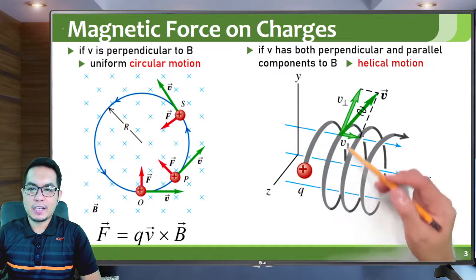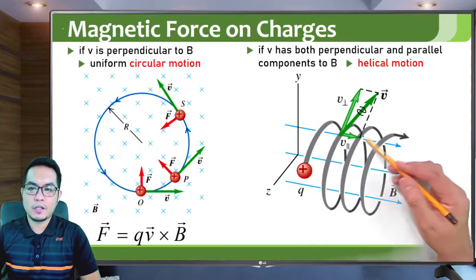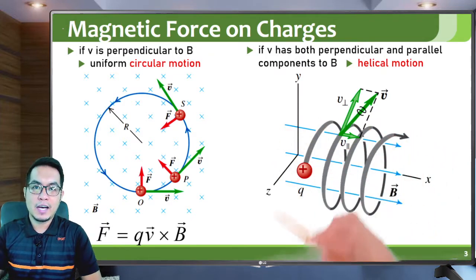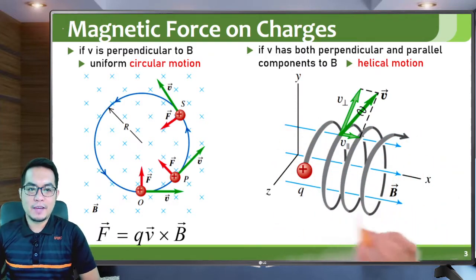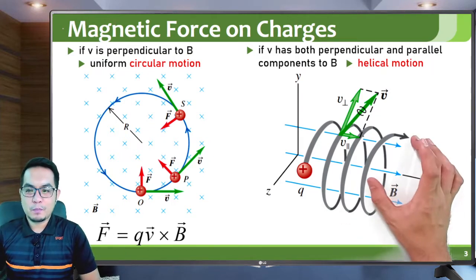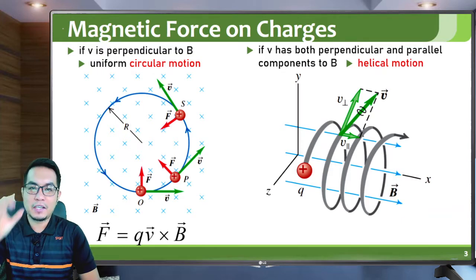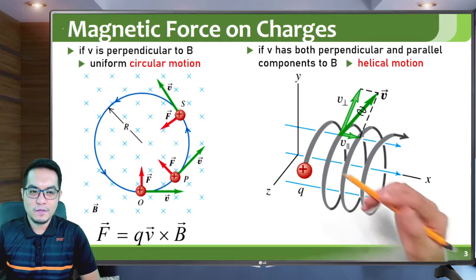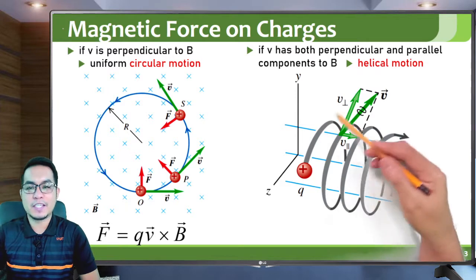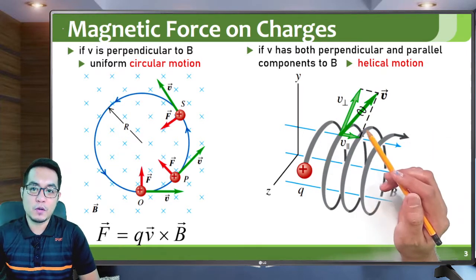This is the helical motion if it's a positive charge. If it is a negative charge, then it will undergo helical motion but in the opposite direction. This has a very significant application with respect to the Earth's magnetic field. If the Earth is bombarded by charged particles, then those positive and negative charged particles will undergo helical motion towards the poles, the magnetic poles of the Earth.